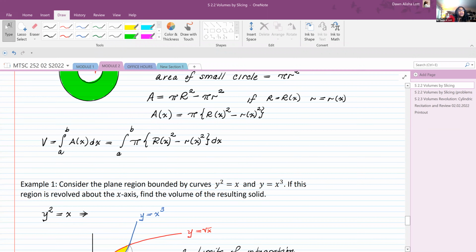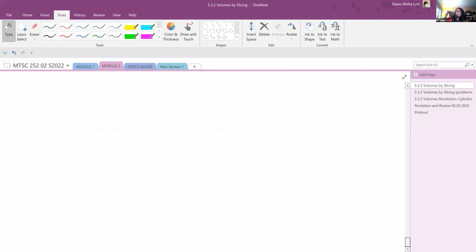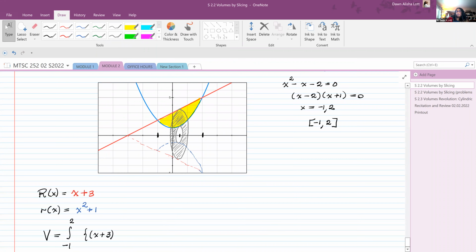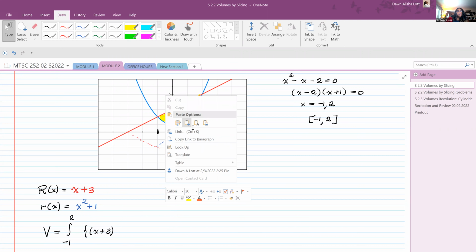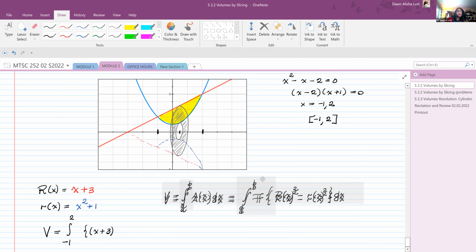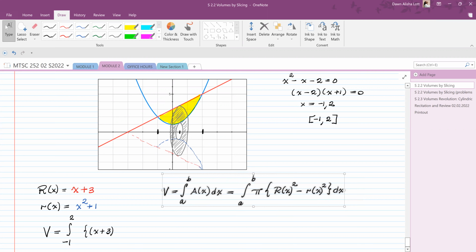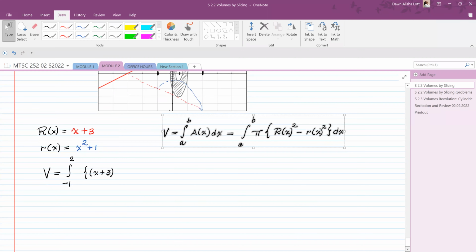There's the formula. x plus 3 squared. Good.